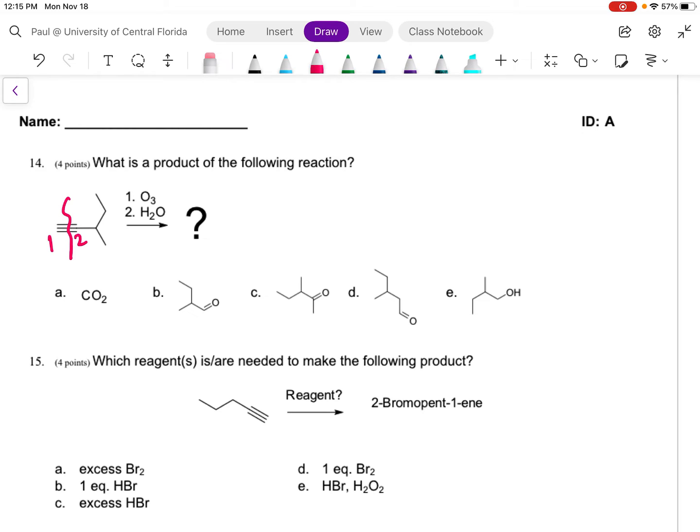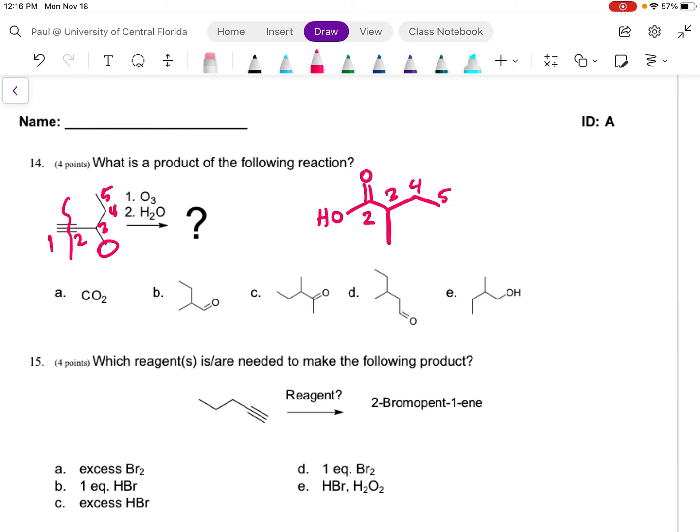Carbon 2 is going to look like this. That's carbon 2. It's going to turn that into a carboxylic acid. So if we go 3, 4, 5, we would see something like this. Let's go up. 3, 4, 5. And then we would have our methyl right there. And that methyl is that guy. So that's the product that we would expect.